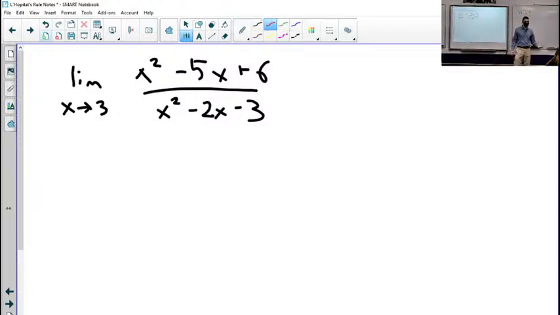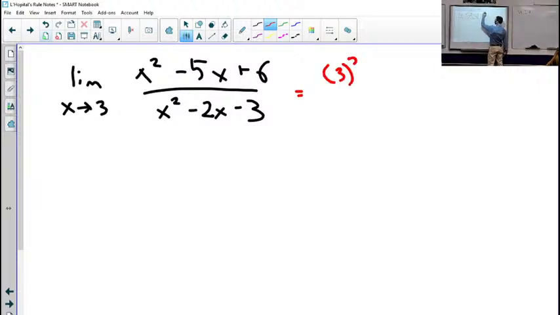Now, method number one. This is the main method that we have to take a limit. I want to review that with you because it's been months since we've done limits. So that's why we're doing this extra problem. The way that we would usually do this is, first we would try direct substitution and see if that works.